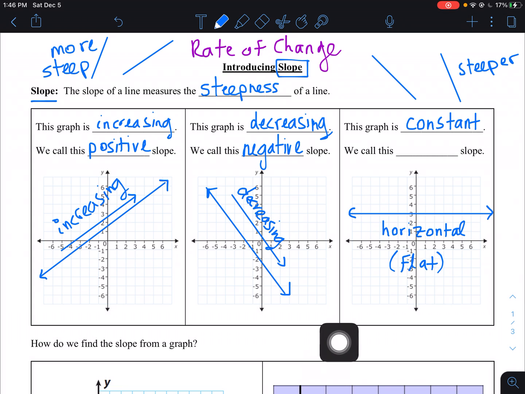That just means this graph isn't going up, it's not going down, it's staying constant in the same spot each time. We call this zero slope. So we have three different types of slope: increasing, decreasing, and horizontal. We call this positive slope, this is negative slope, this is zero slope.